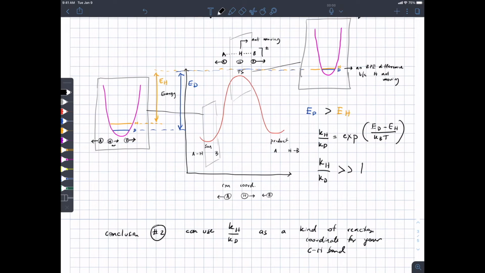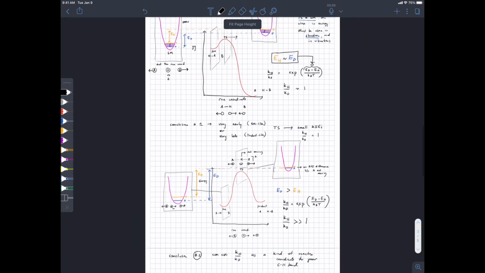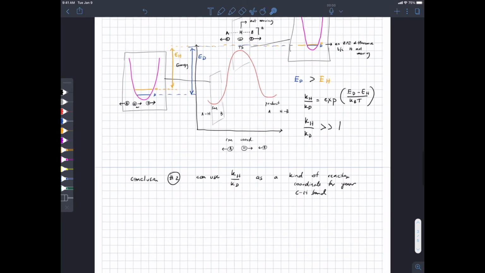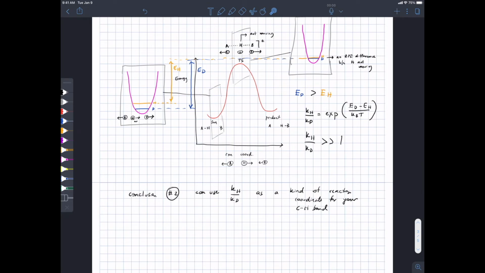If the kinetic isotope effect is equal to 1, that means that bond breaking is either not begun or perhaps almost complete in the transition state, whereas a large kinetic isotope effect means that you're somewhere in between that. Okay, so unlike reaction coordinates that go from 0 to 1 and it's sort of percent, using the kinetic isotope effect as a reaction coordinate is kind of like you start out at 1 here, you get close to 7 if your transition state's in the middle, and then you go back to 1 over here.